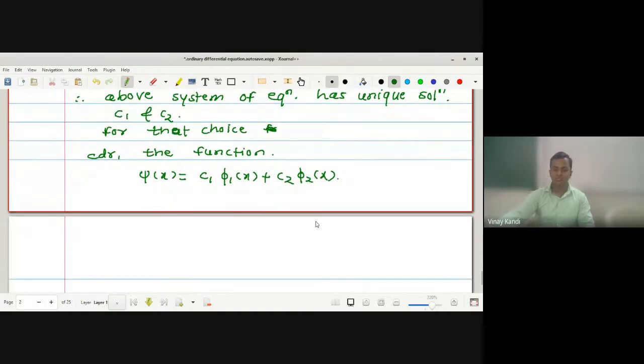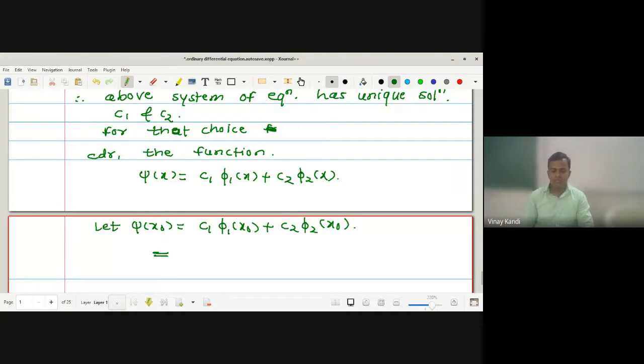Okay, now let psi of x naught is equal to c1 phi1 of x naught plus c2 phi2 of x naught. Okay, which implies that psi of x naught is equal to alpha. Similarly, psi dash of x naught is equal to beta.